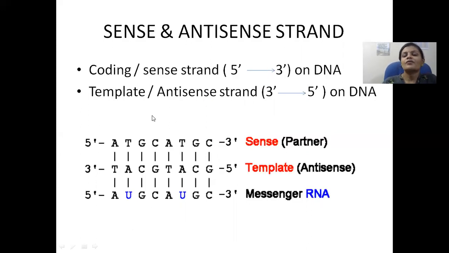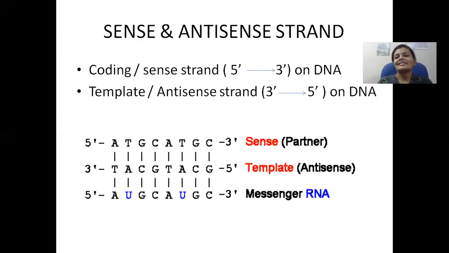So when we want another copy of the codons, it is only sensible that the strand opposite to the coding strand needs to be transcribed, because that strand is in the 3' to 5' direction, and it has a complementary sequence. The sequence on the 3' 5' strand is complementary to the sequence on the 5' 3' strand.